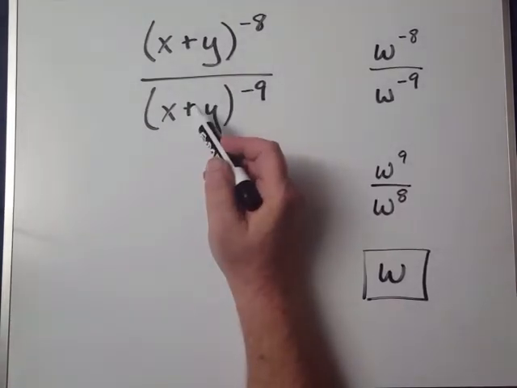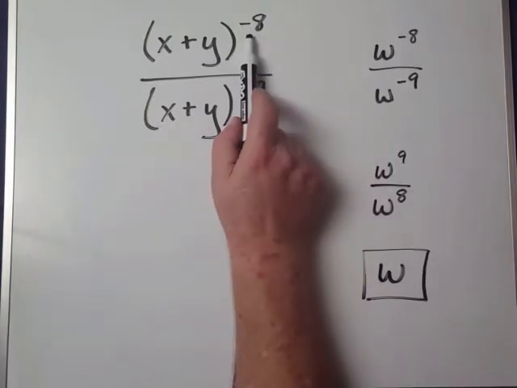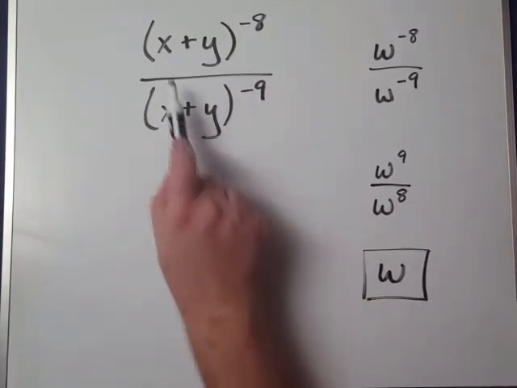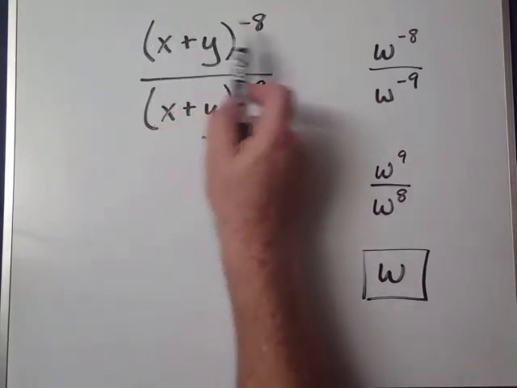That's exactly what we're doing here in number 66. Please remember, you cannot distribute these powers over addition or subtraction. Again, I consider that an unforgivable mistake. So don't try to bring these powers in.